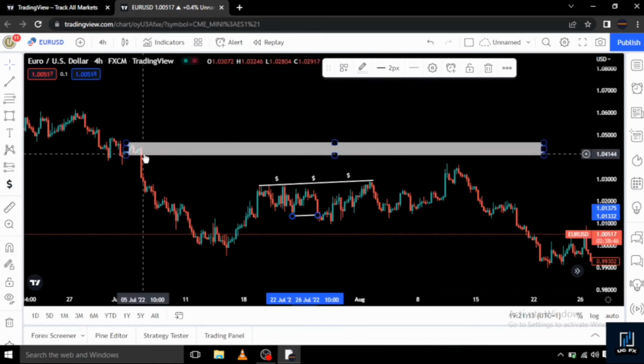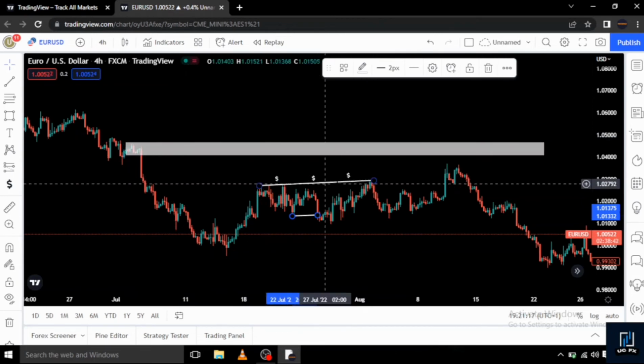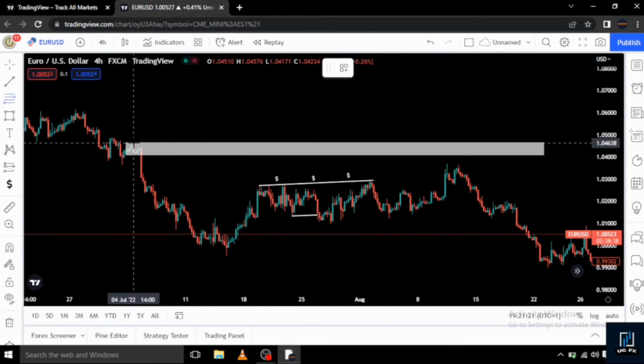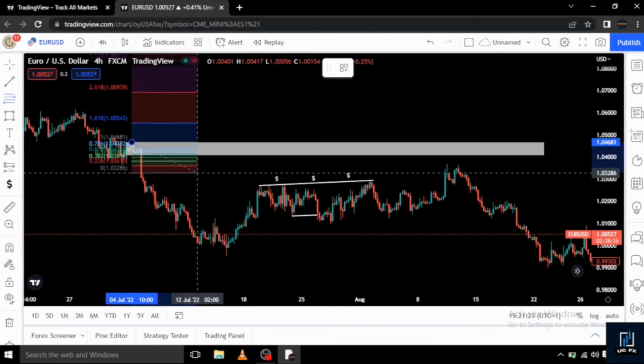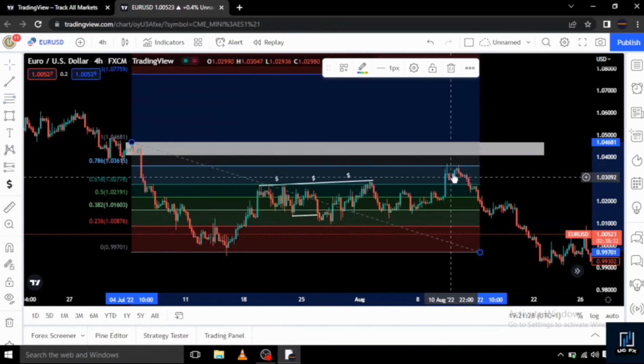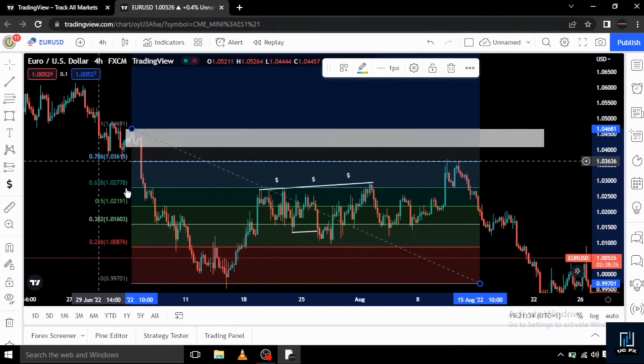So before price tapped into this order block, we had this liquidity in form of equal highs. And as you can see, if you take your Fibonacci to know where price is at, you will see that price is exactly at the discount zone. Price tapped nicely into this discount level, which is the 0.786 of the Fibonacci.